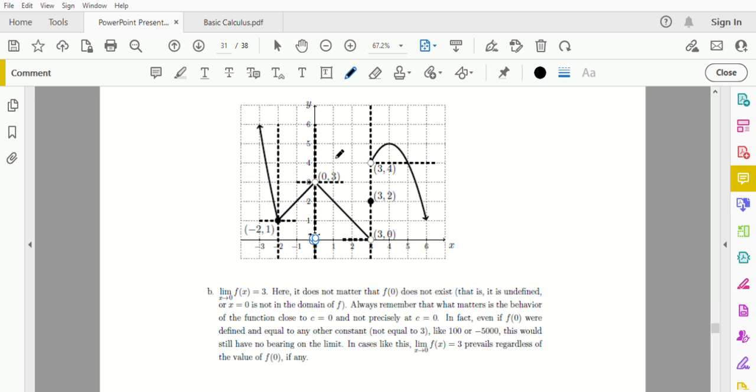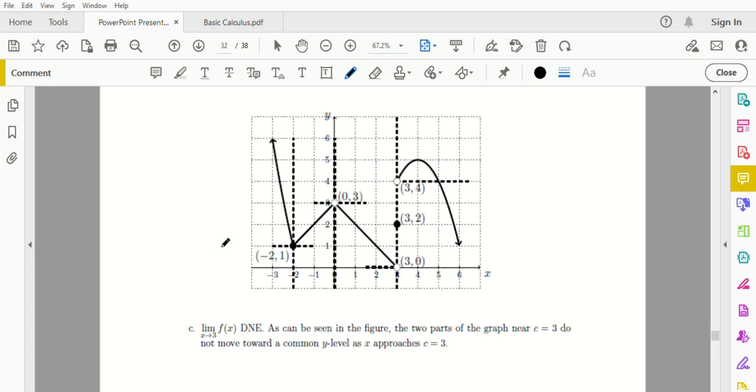It does not matter that f of 0 does not exist or is undefined. Always remember that what matters is the behavior of the function close to c equals 0 and not precisely at c equals 0. What happens to our function as x approaches 0? Clearly on this graph, our f of x approaches 3. So y equals 3.